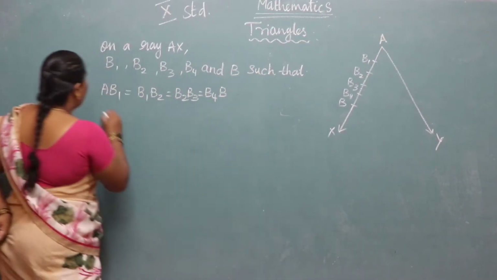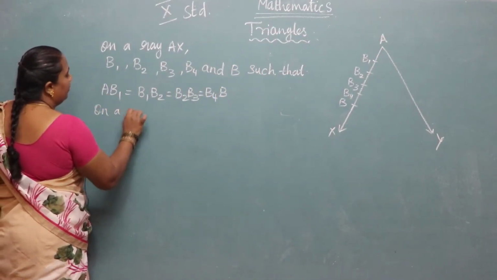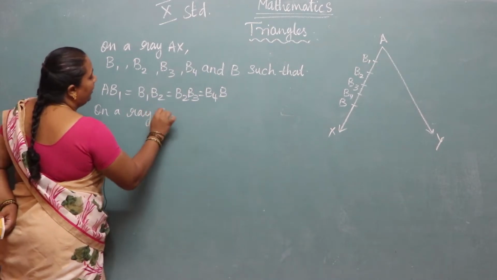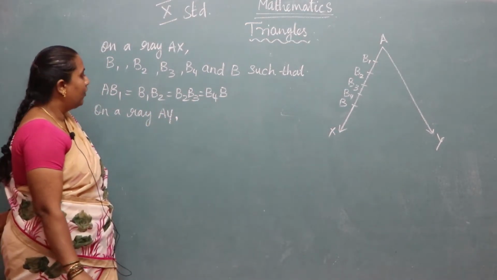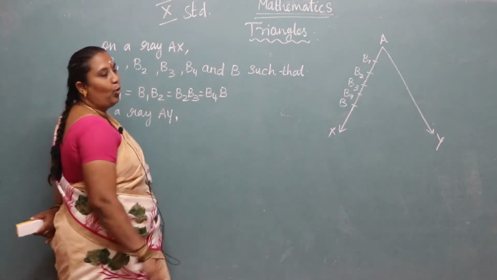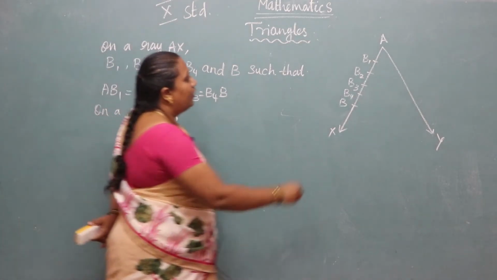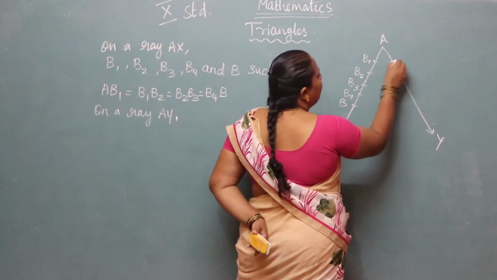Next, on the ray AY, we should draw points. What are the points?